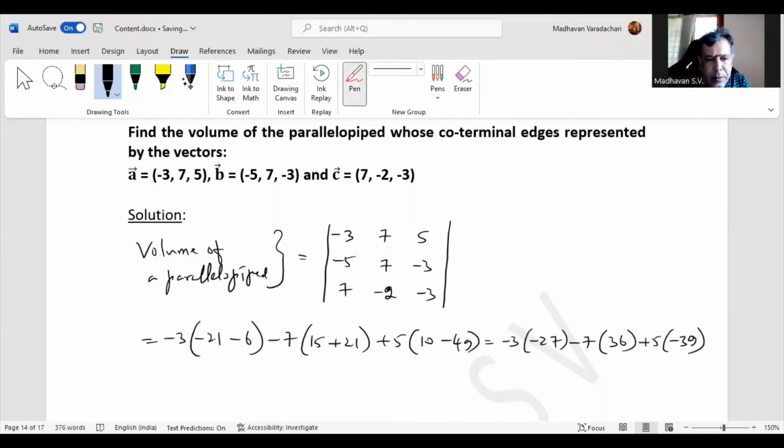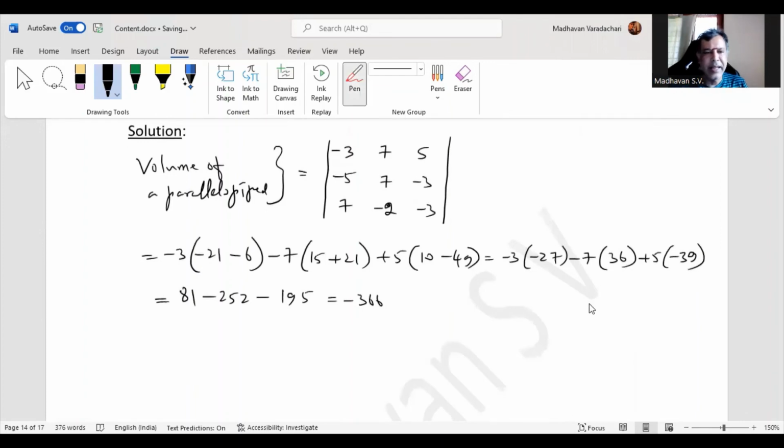Right. So now minus 3 into minus 27 is positive 81. And this is minus 252. This is 5 nines are 45, 5 threes are 15, 195. Now let us calculate this. 81 minus 252 minus 195. We get minus 366. Since it is volume, we will be neglecting the negative sign. So volume will be modulus of 366 cubic units.